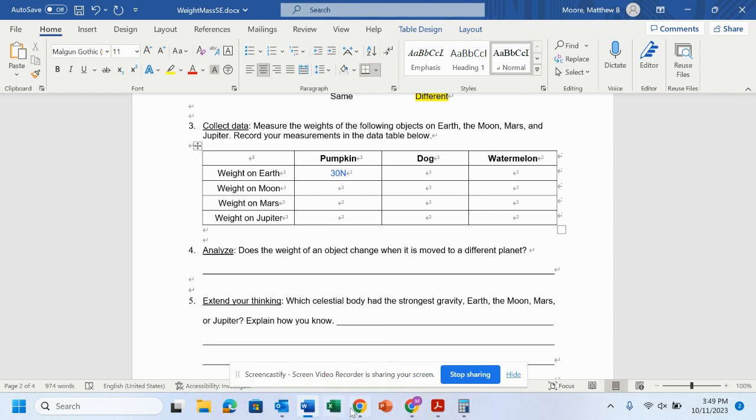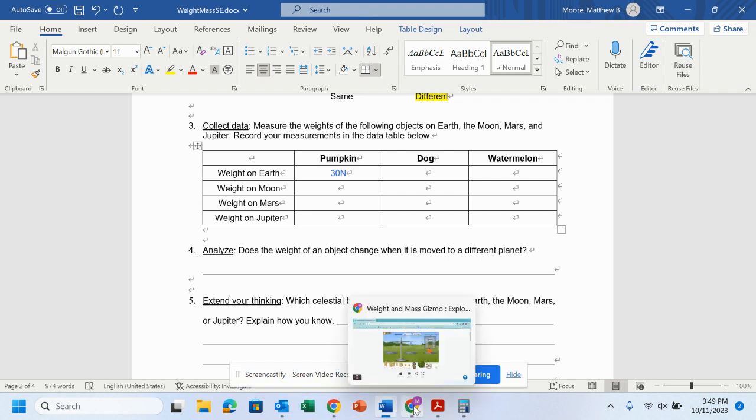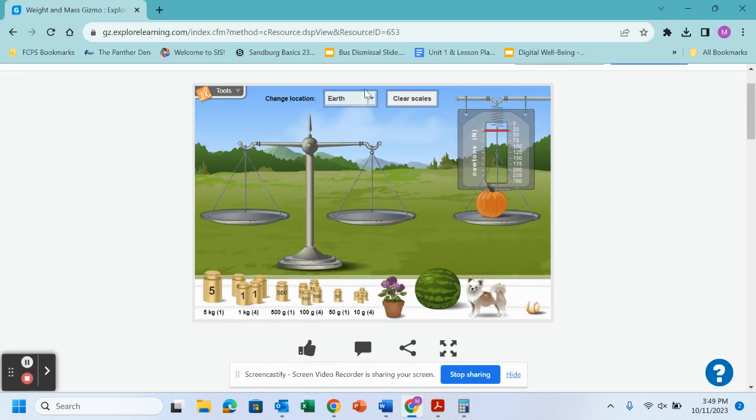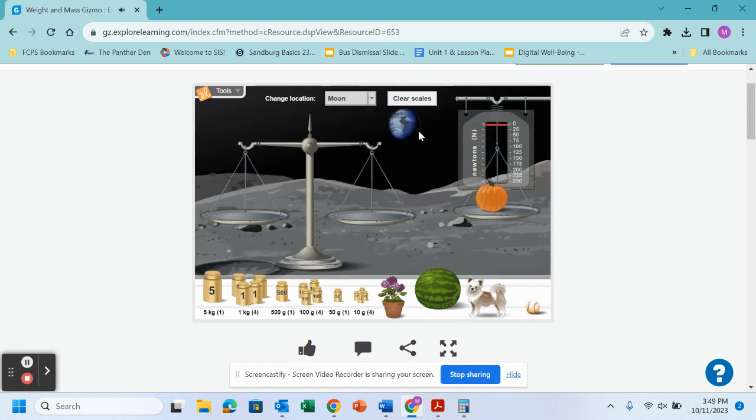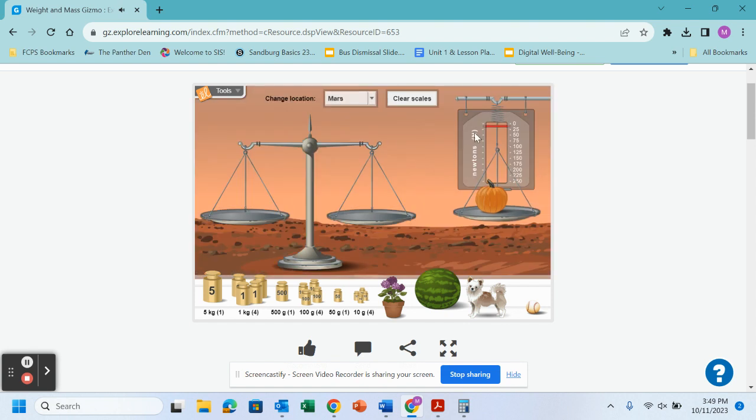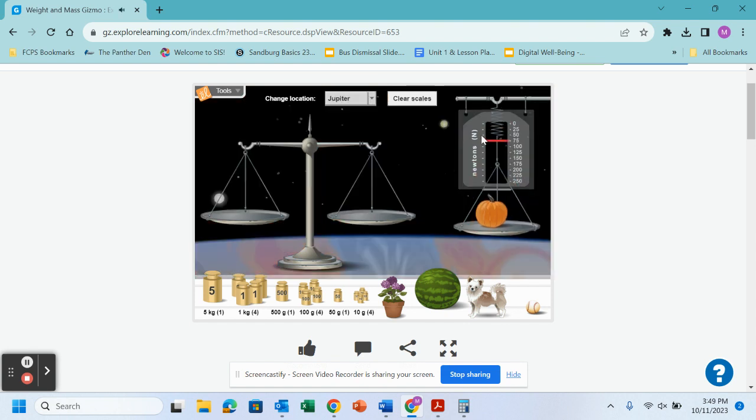Now we're going to change it right here. Moon, 5 newtons. Mars, 11.4 newtons. Jupiter, 75.9 newtons.